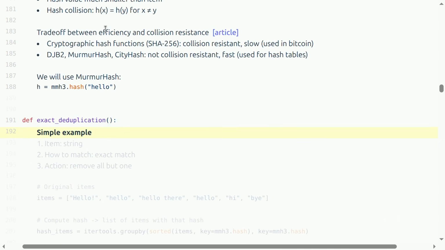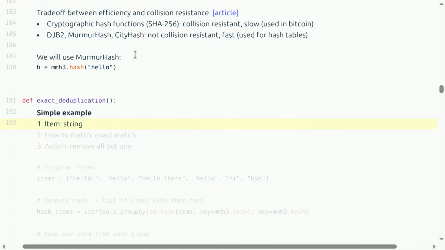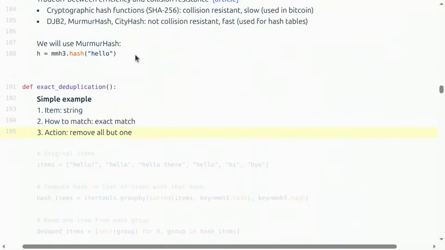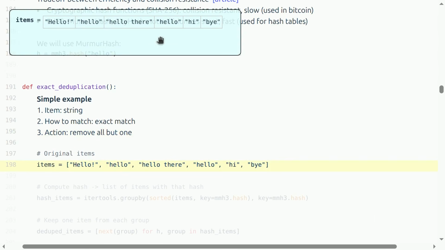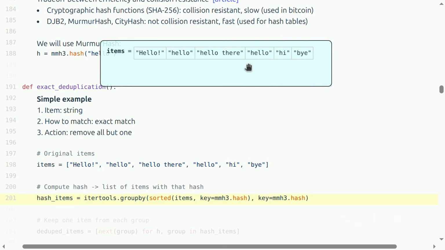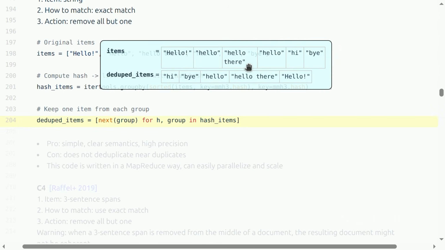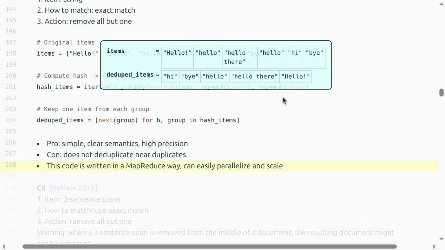Okay, so exact deduplication is conceptually very simple. You take a string, you see if there's an exact match, and you remove all but one. So here you have a bunch of elements, and you hash them, and you dedupe. Exact deduplication is very nice. It's very clear what's happening, but this isn't really good enough for the messy web data because often you have these near duplicates.